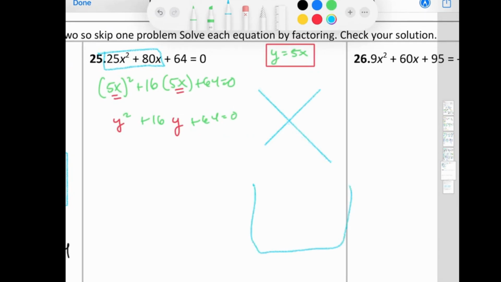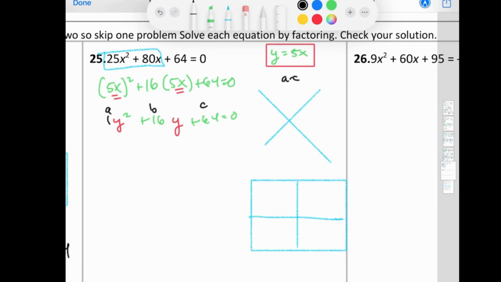X box. And A is 1, B is 16, C is 64, so A times C is 64. My B value is 16. My two numbers are 8 and 8. And we're splitting this one.